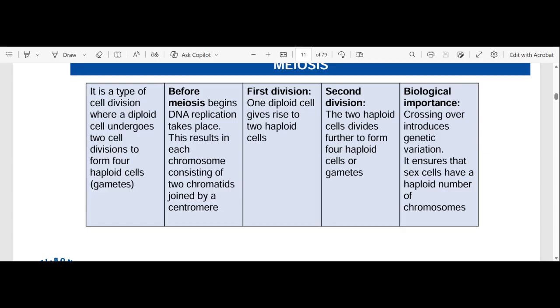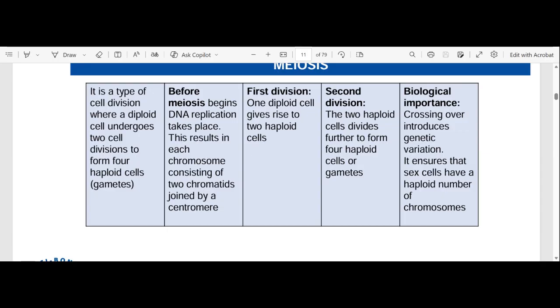Here they're saying that in the first division, one diploid cell, and remember, what does diploid mean? It means that you have two sets of chromosomes. With regards to humans, it is 46. Does that make sense? So whenever they say diploid, it just means two sets, or 46 chromosomes. Okay, so one diploid cell gives rise to two haploid cells.